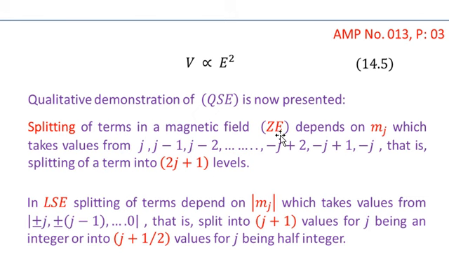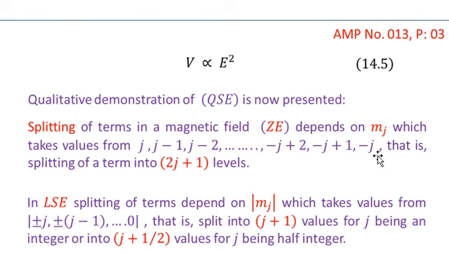As we have seen in the previous slides, when we apply a magnetic field to an atom, which we refer to as the Zeeman effect, the J degeneracy of the atom is lifted, and the energy of the atom will now depend upon the magnetic quantum number mj, which ranges from 0 to plus minus 1, plus minus 2, and so on up to plus minus j.